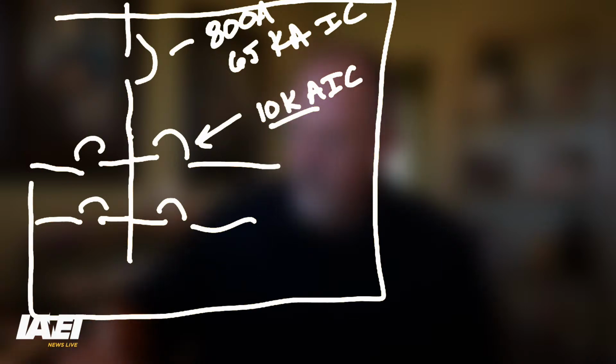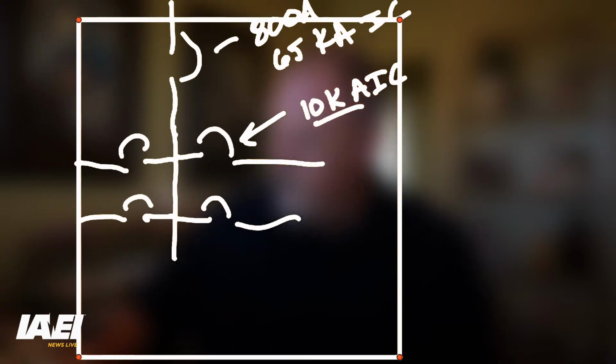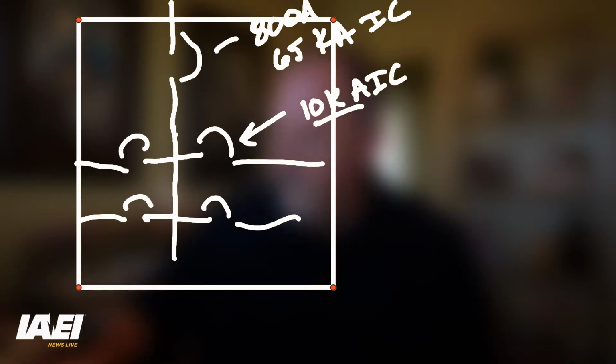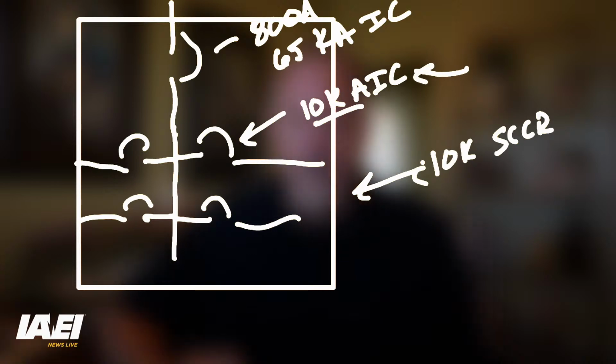The assembly would have a 10K SCCR because of the weakest link.